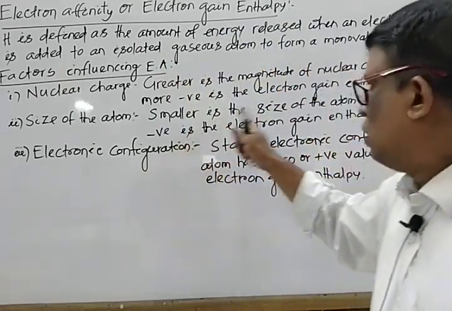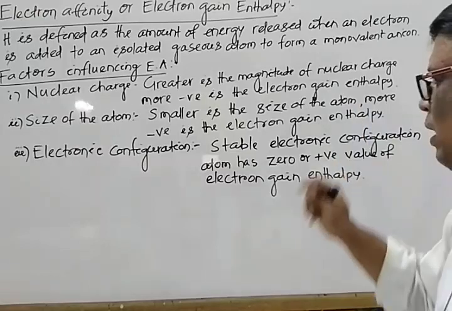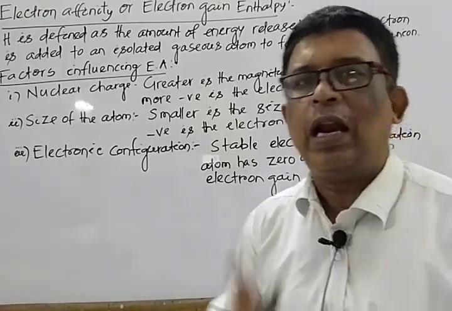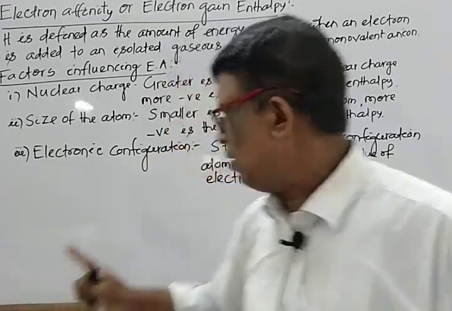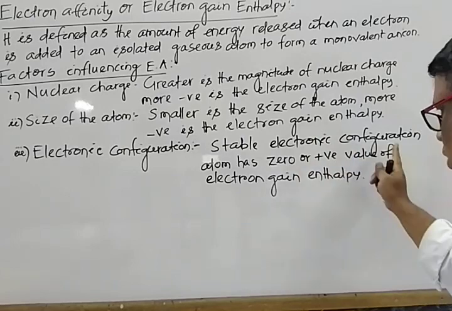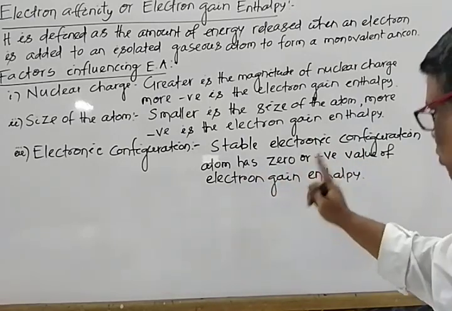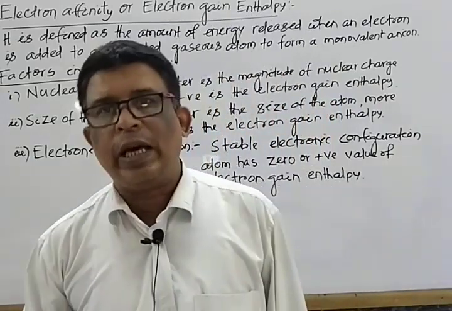So we say that the smaller the size of the atom, the more negative is the value of electron gain enthalpy. And last one is the noble gas or stable configuration. Already discussed, that is electronic configuration. A stable electronic configuration of an atom possesses zero or positive value of electron gain enthalpy.